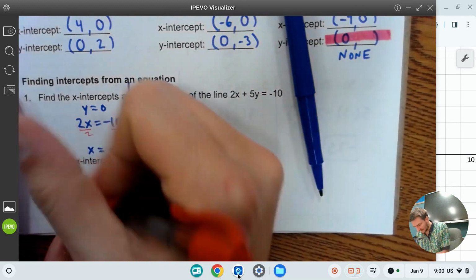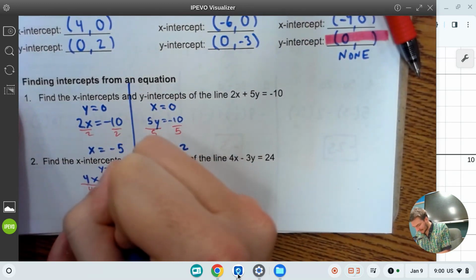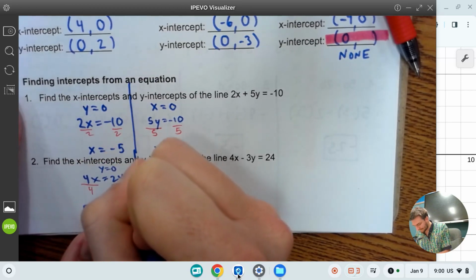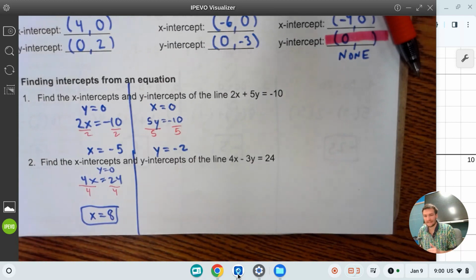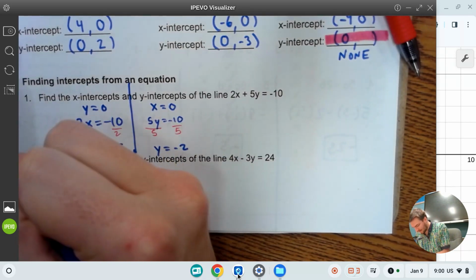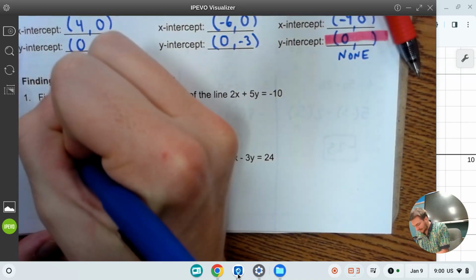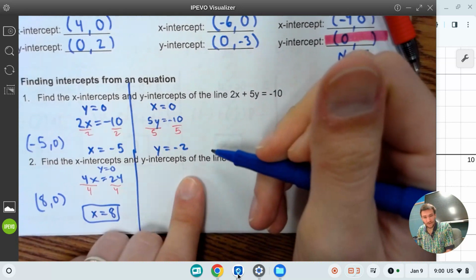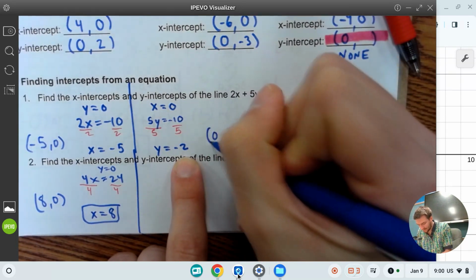I can do a one-step equation divided by 4, and I can get x equals 8. Now, if we're going to write these as coordinates, we might want to write them like coordinates. 8, 0, -5, 0. Over here, this is a y-intercept, so this one should be 0, -2.